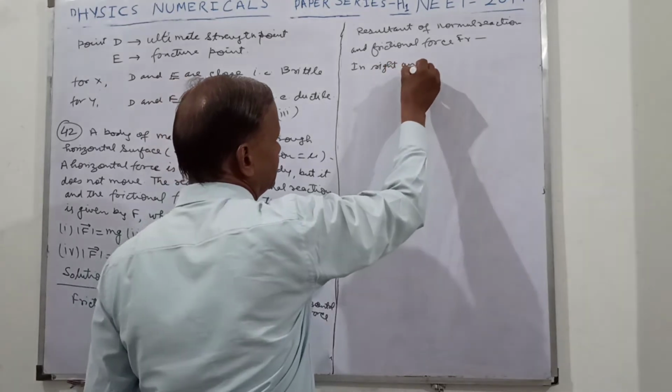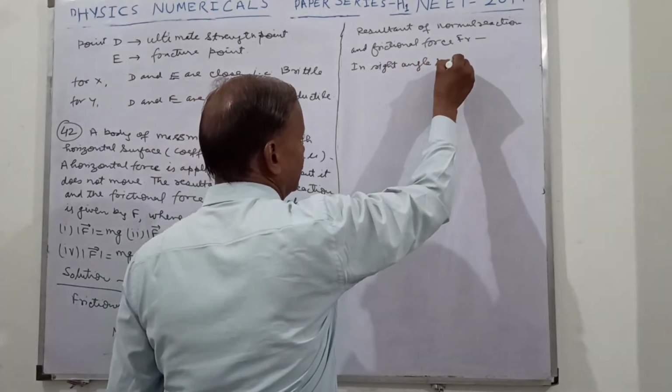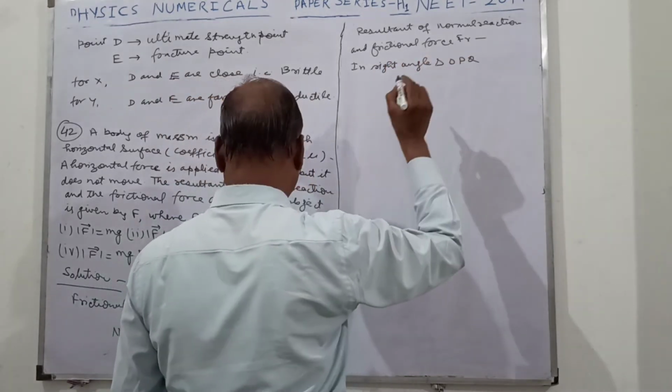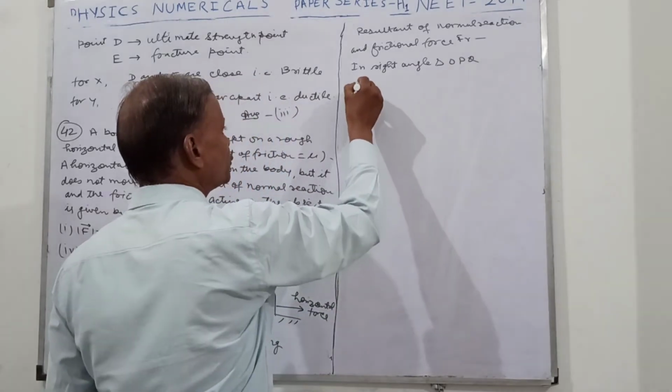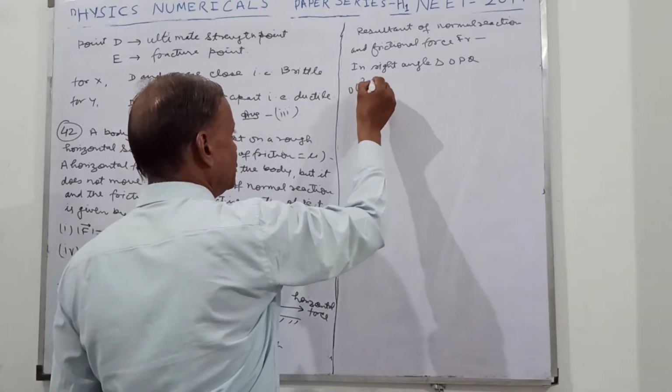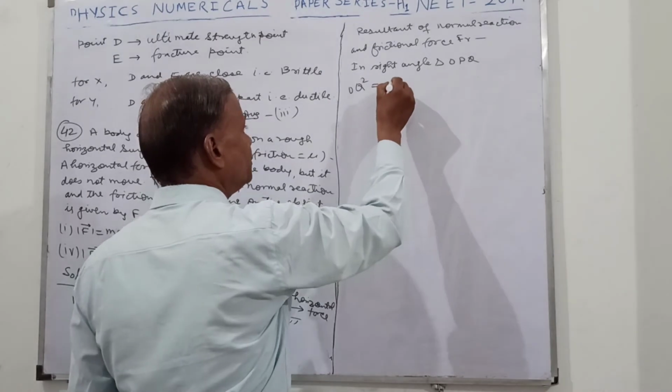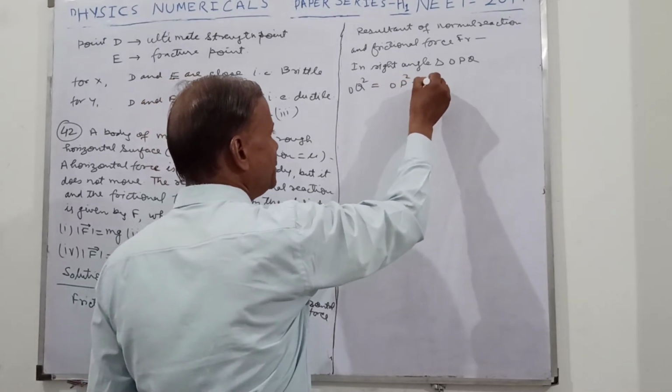Now you can see the right angle triangle OPQ. So OQ square is equal to OP square plus PQ square.